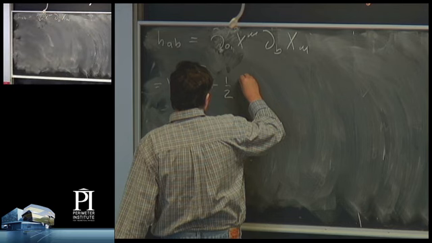So this was just our induced metric, and I'm just going to use this as a shorthand notation to rewrite our variation.